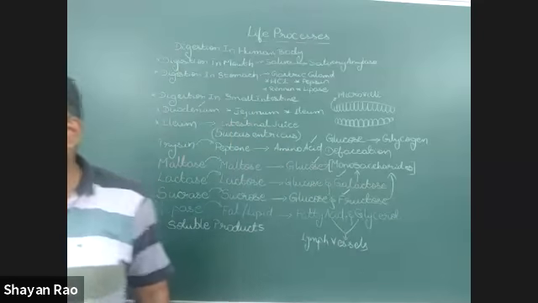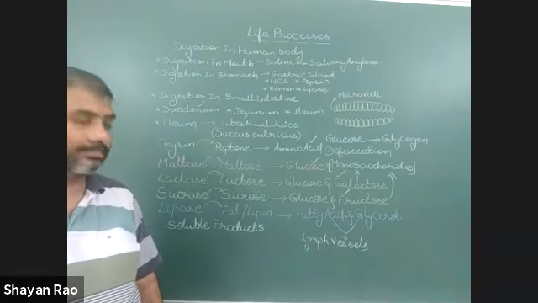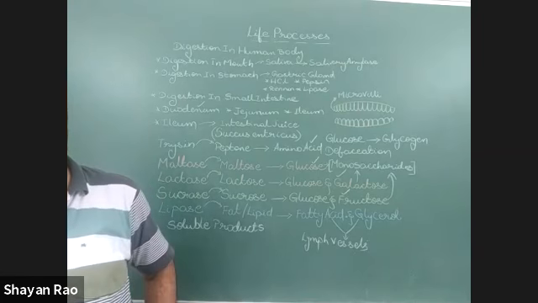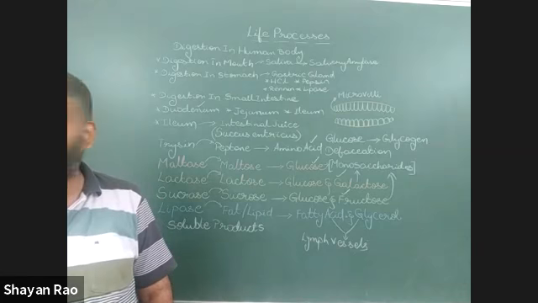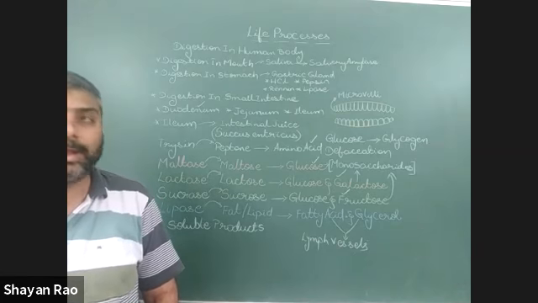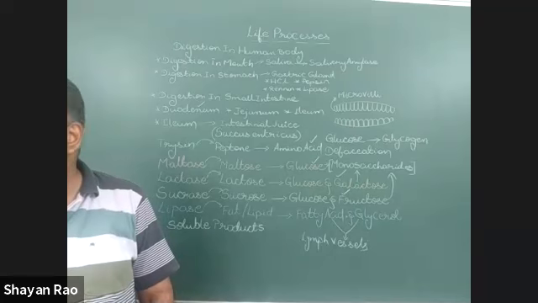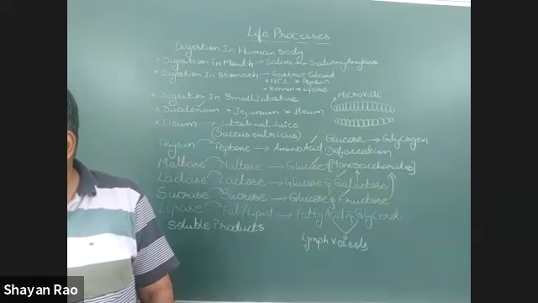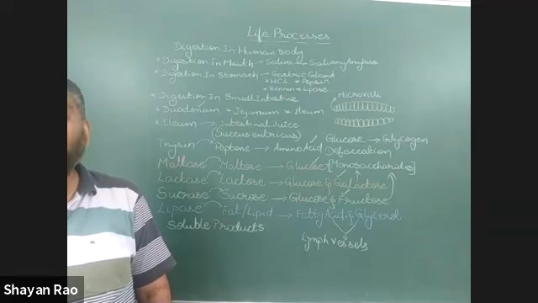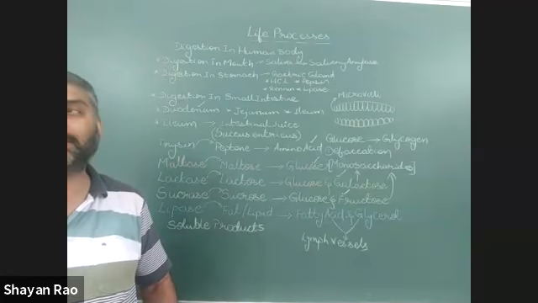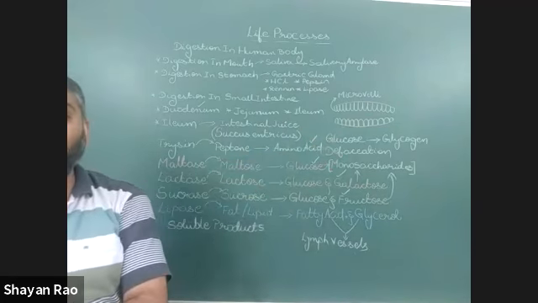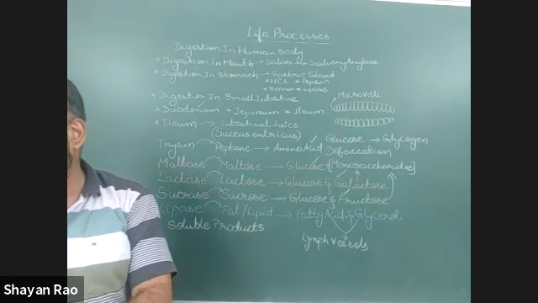Next, assimilation. The absorbed food is assimilated to the body in different steps, such as glucose gets converted to glycogen.